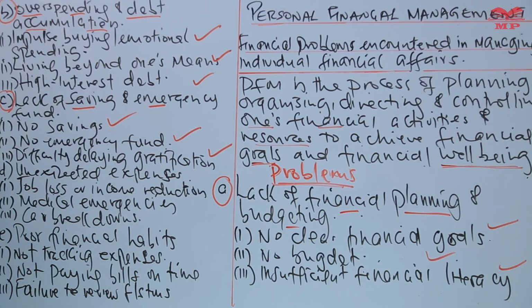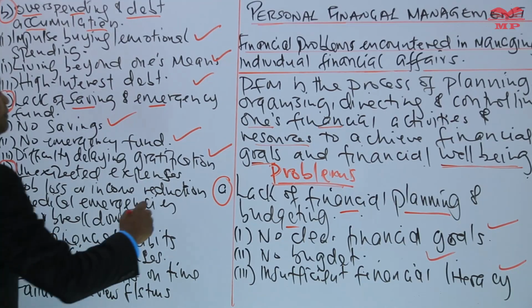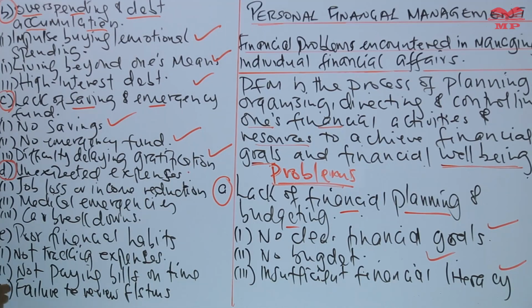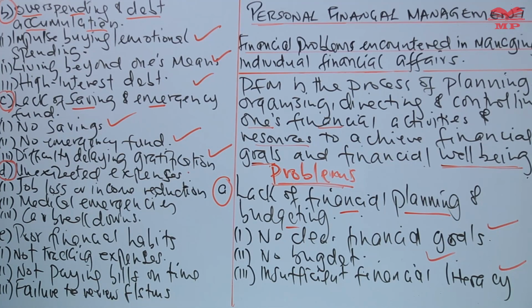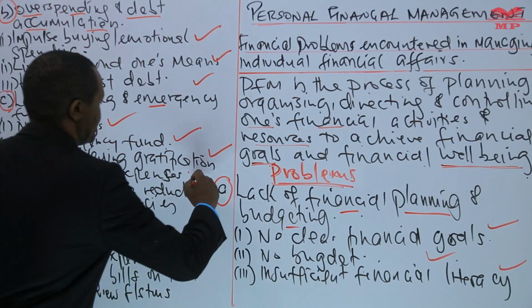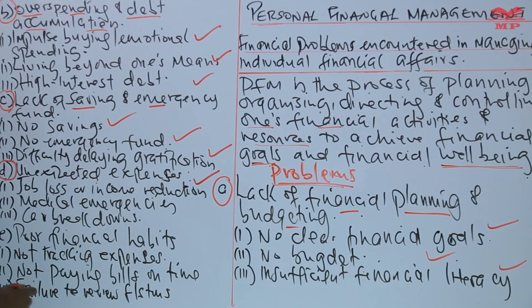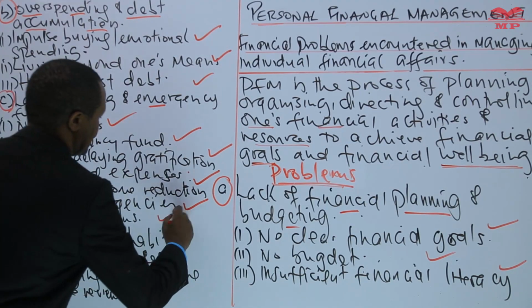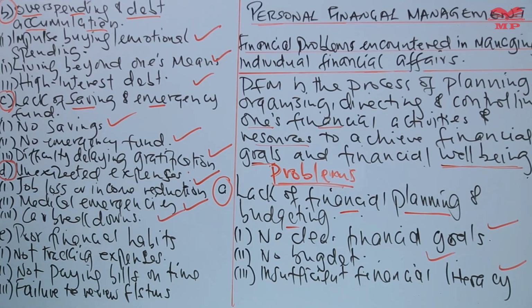It's a financial problem. The fourth category is unexpected expenses that may be caused by job loss or income reduction, medical emergencies, things like house repairs, and so on.